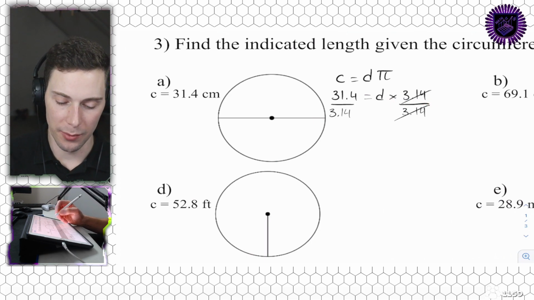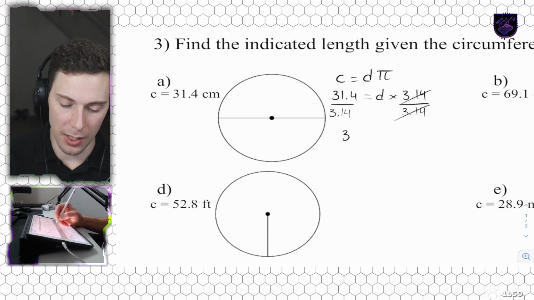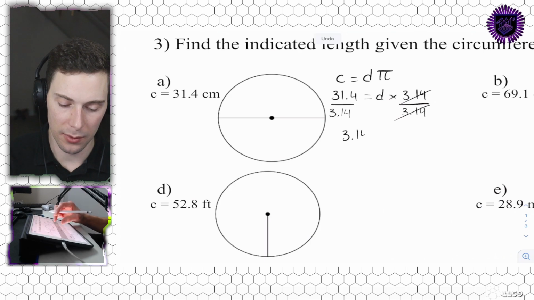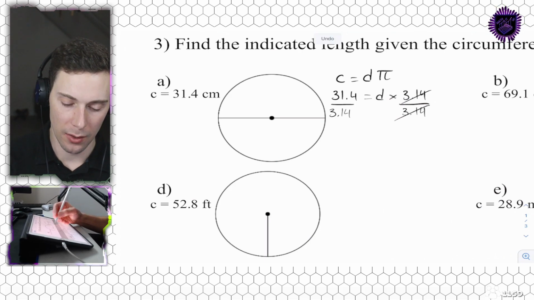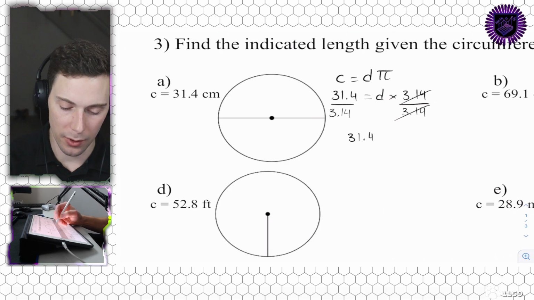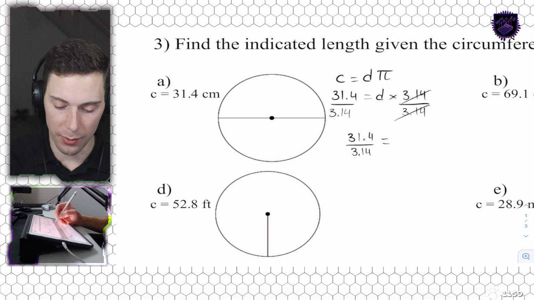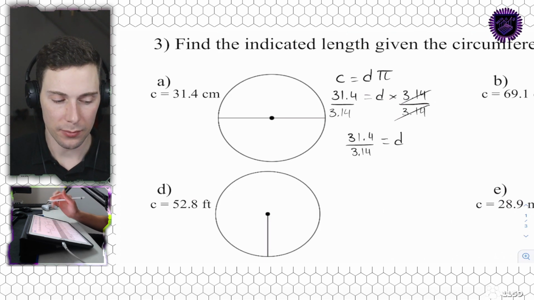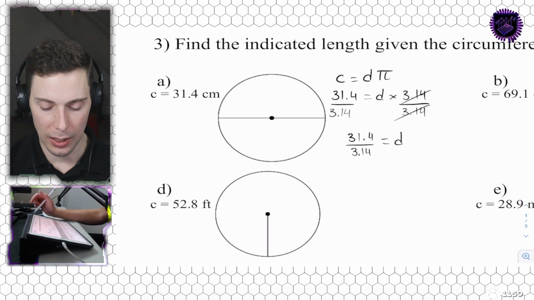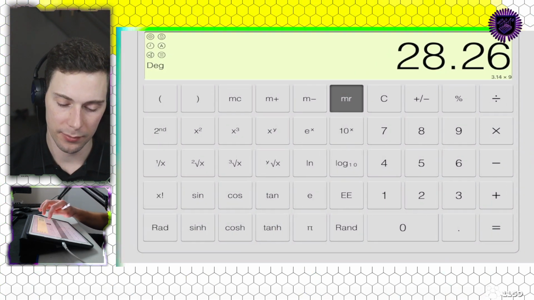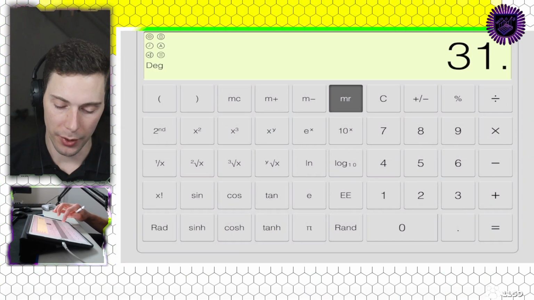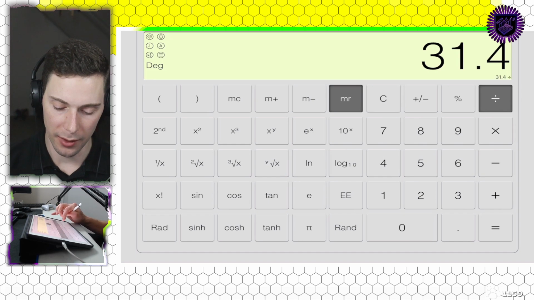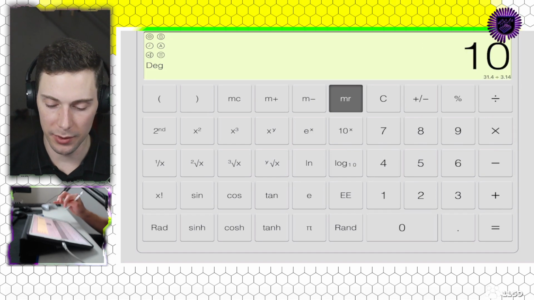On the other side, we're left with 31.4 divided by 3.14 is equal to diameter. So we can do that. 31.4 divided by 3.14 equals 10.